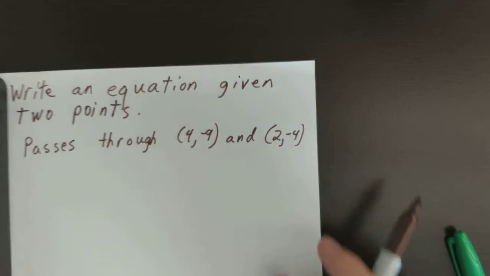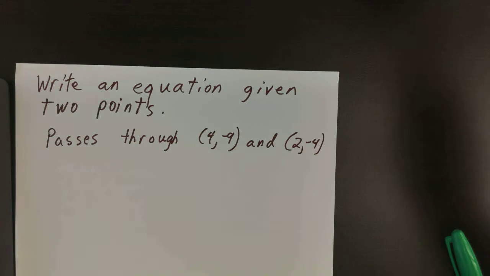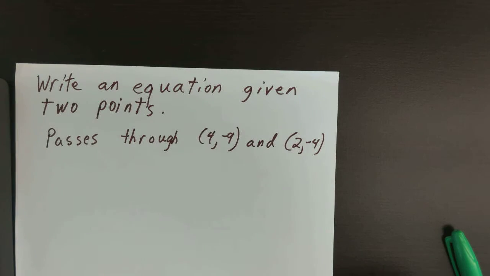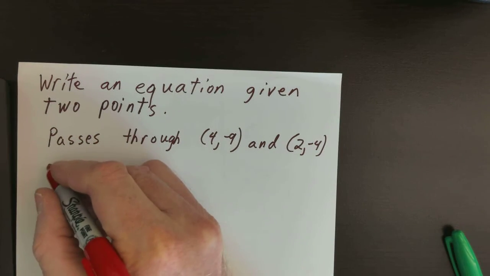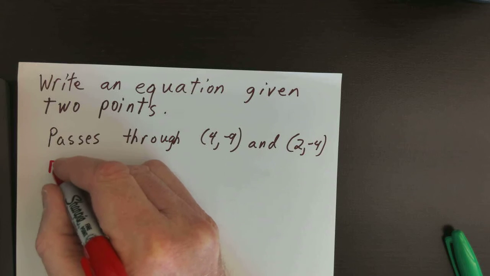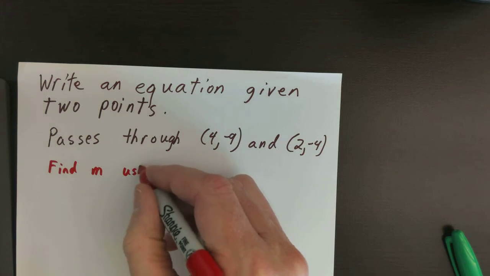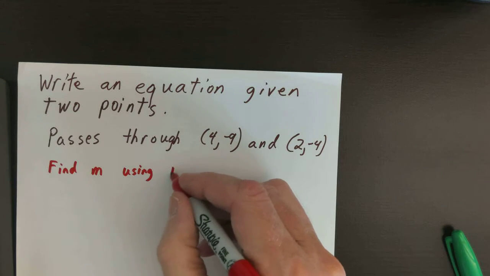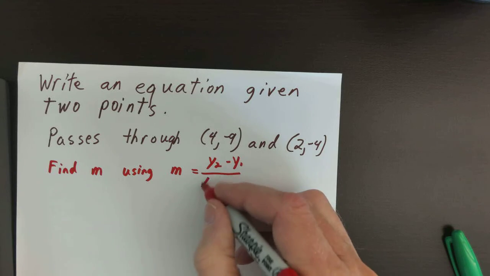Last one. If we have an equation where we're given 2 points, and we are asked to find the equation of this line, the first thing you're going to want to do is find m using m equals y2 minus y1 over x2 minus x1, the slope formula that Miss Sally taught you.